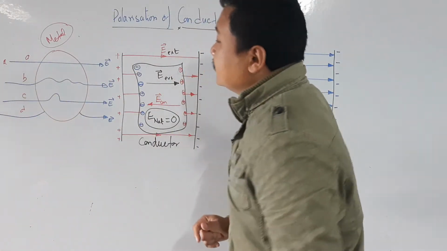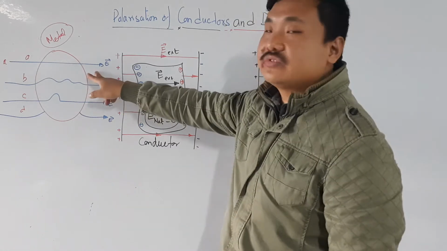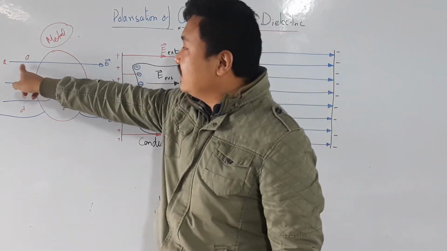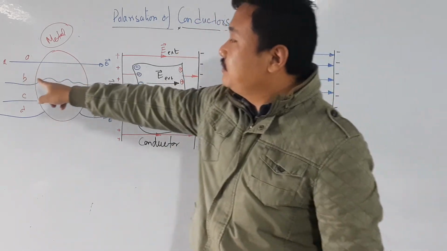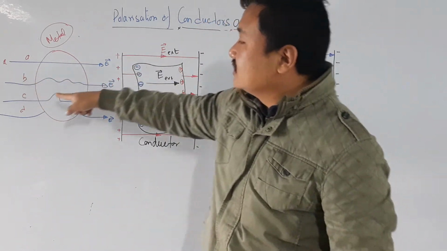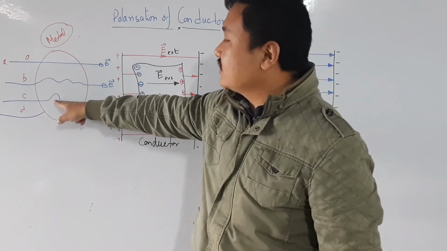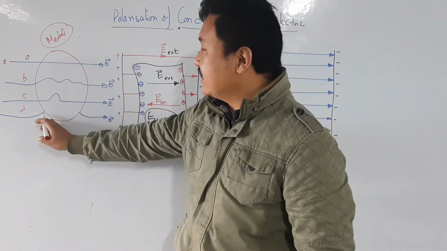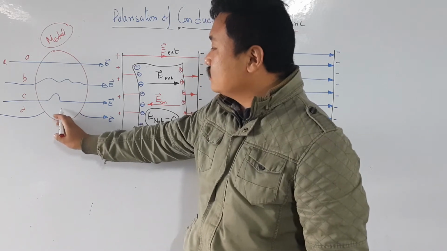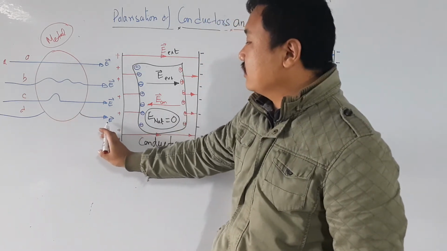Now which one of the electric fields is correct? If somebody asks you, in A the electric field is passing, in B also it is passing with a zigzag, in C also it is passing with a curve, but in D it is not passing. Here it is going inside, there is no electric field, and it is coming outside.